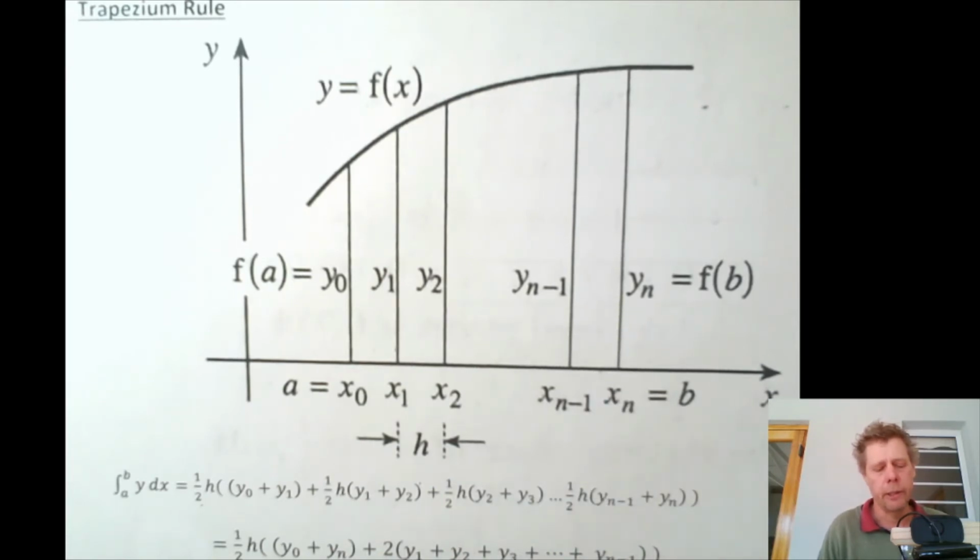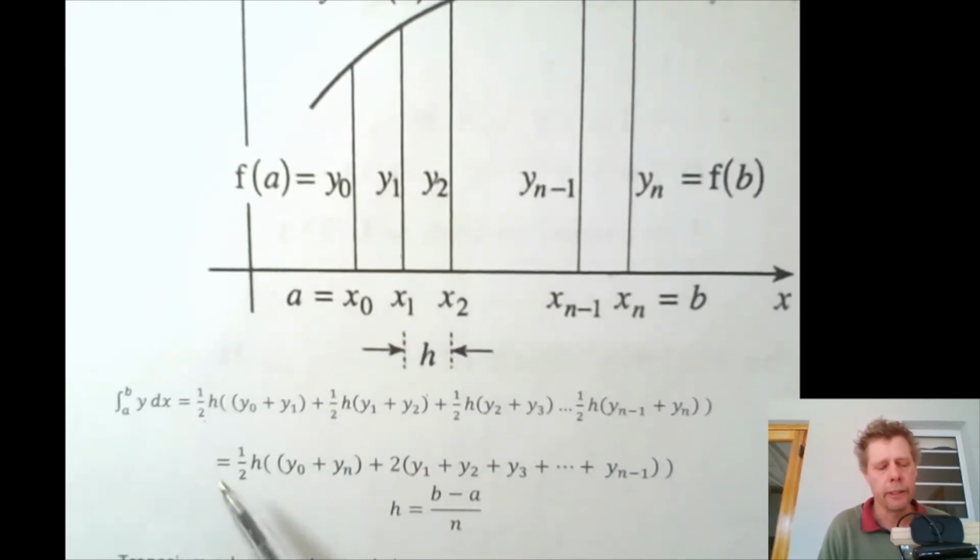And that means the equation reduces to a half times the height times y0 plus yn, so they occur once, plus 2 times all the middle fence poles. If you now work this out and add this all together, you're essentially estimating the area under the curve.